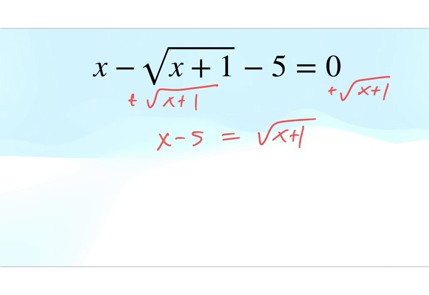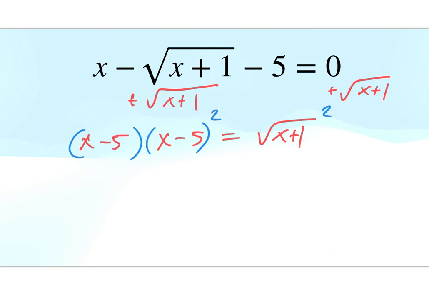Once I've got my square root all by itself, I need to then get rid of the square roots. And the process for getting rid of square roots is squaring. Here, make sure you put parentheses on it, squaring. Squaring means times itself.